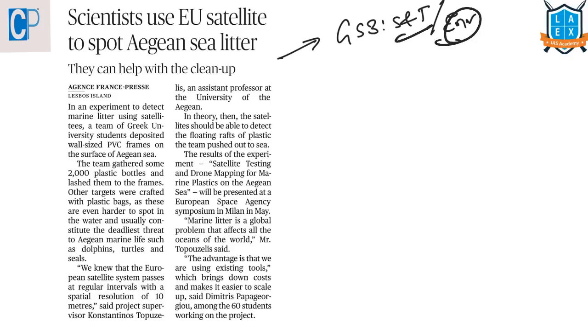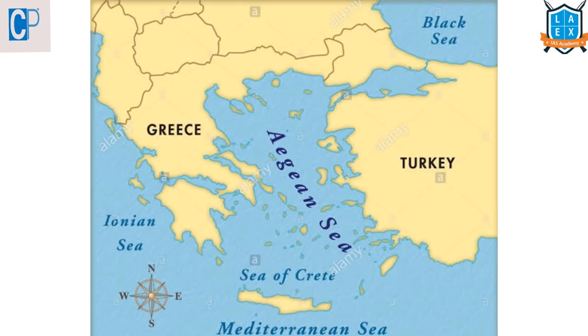From the prelims point of view, what is important for us here is the location of the Aegean Sea. It is located between the mainlands of Greece and Turkey. In the north, the Aegean is connected to the Marmara Sea and Black Sea by the Dardanelles and Bosphorus Straits, and this Aegean Sea is the elongation of the Mediterranean Sea.